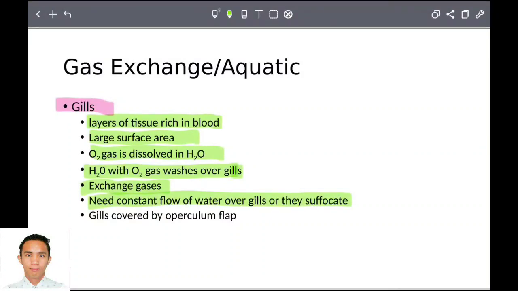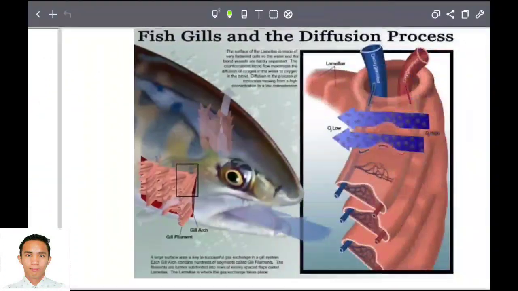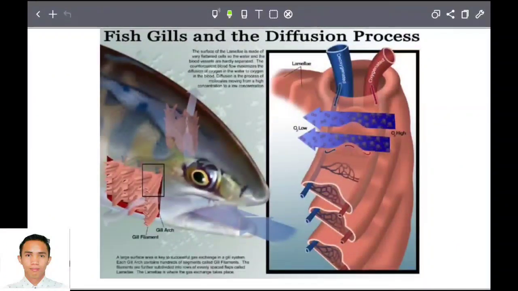Gills are covered by an operculum flap. This is gas exchange for aquatic organisms. They use gills. Here are fish gills and the diffusion process.